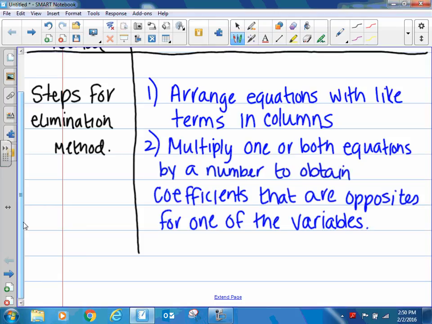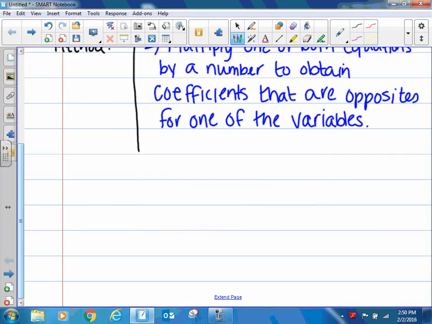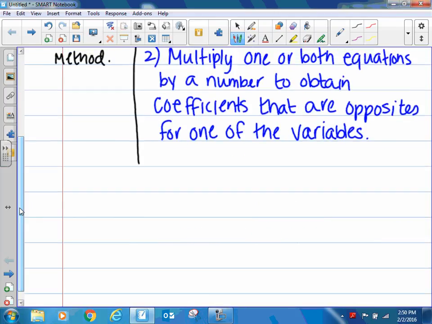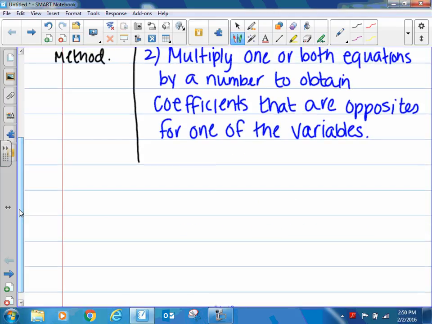So first, after we arrange them in columns, we multiply one or both of those equations by a number to obtain coefficients that are opposites, and that opposite is going to make them cancel out, and that's where the elimination comes from.